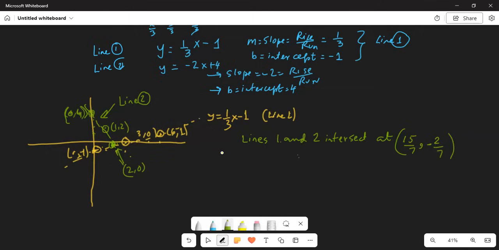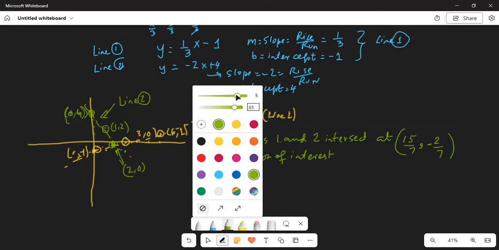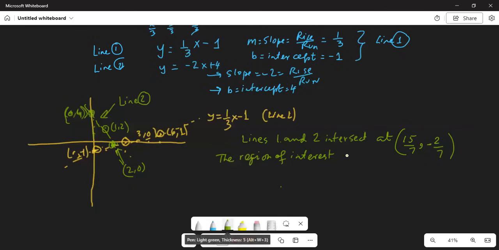The region of interest has to satisfy both the inequalities.